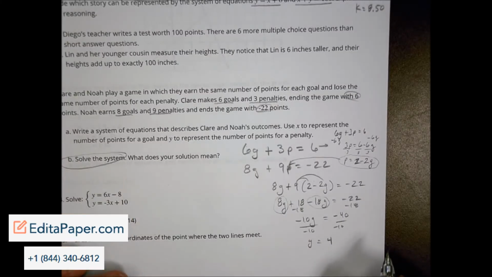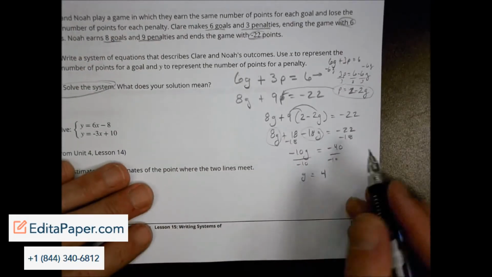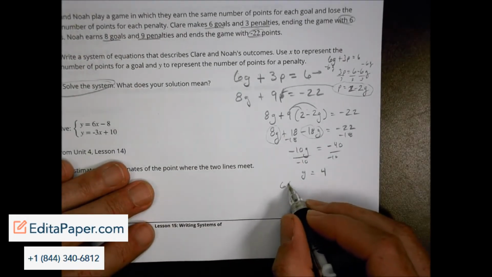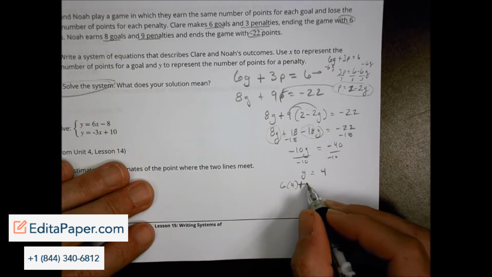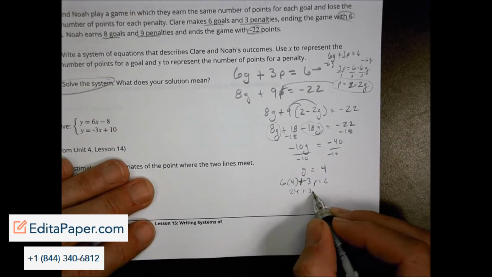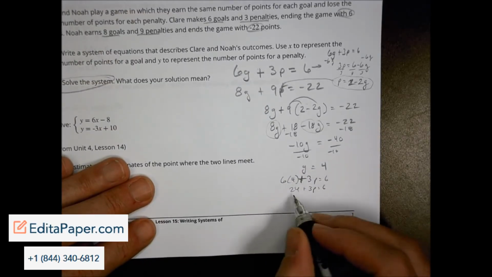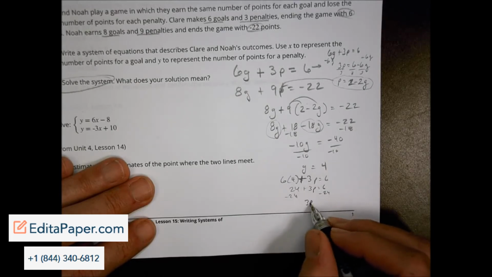Now with g equal to 4, I can plug it back in to solve for p. So here is 6 times 4 plus 3p equals 6. So 24 plus 3p equals 6. Subtract 24, subtract 24, and 3p equals negative 18.